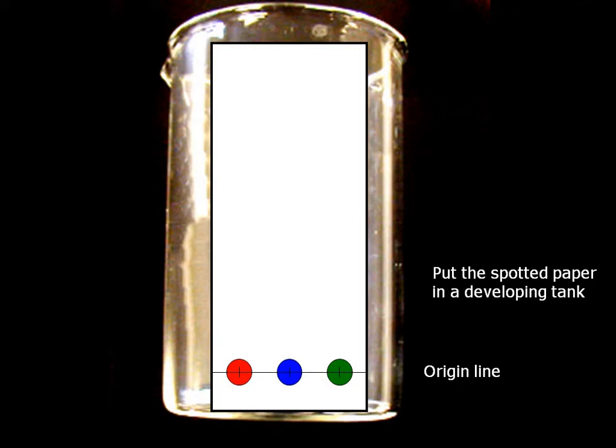After this, put the spotted Whatman filter paper in the developing tank.